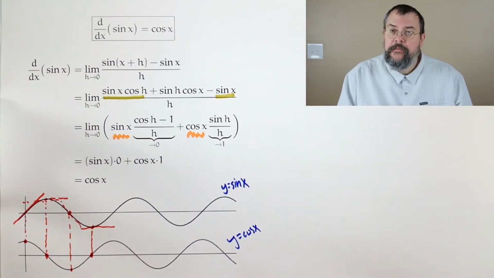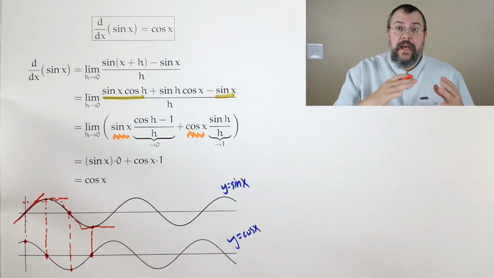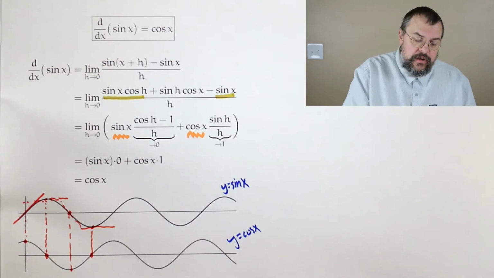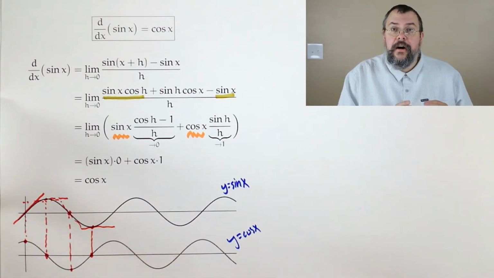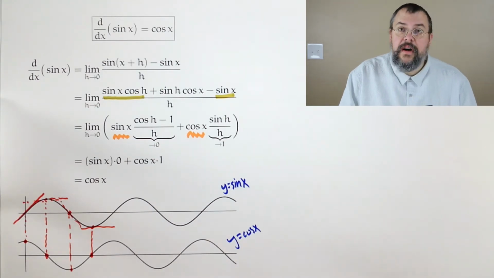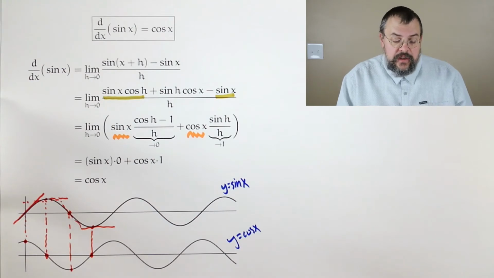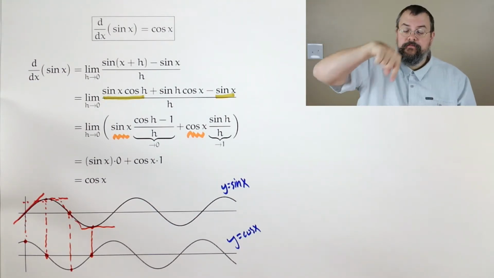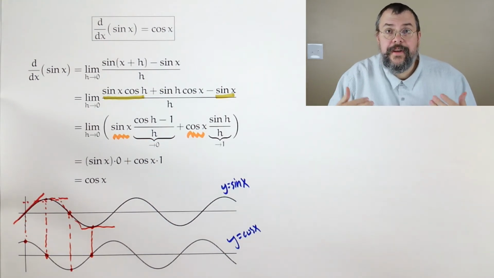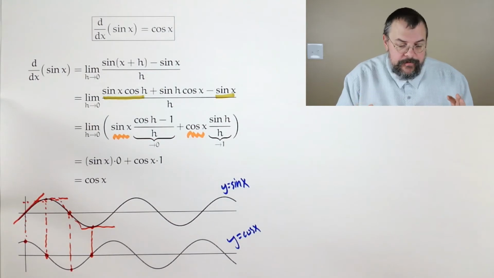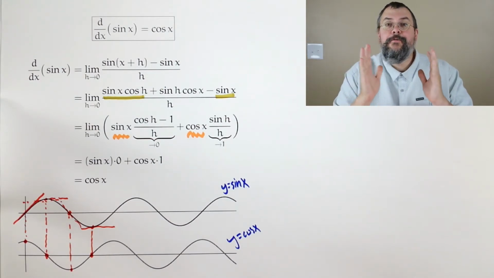And we can say, yeah, cosine x is behaving like what the derivative of sine x should be: where the tangent lines to sine are going in an uphill direction, the cosine function is positive, and where the tangent lines for sine are going in a downhill direction, the values for cosine are negative. Okay, good.